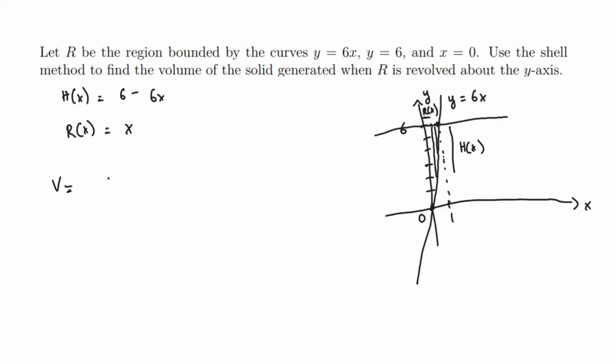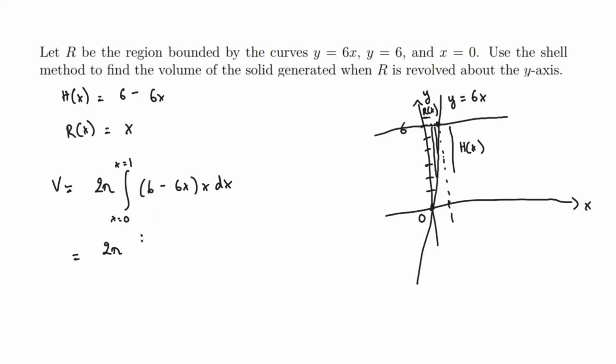So the volume is 2 pi, the integral from x equals 0 to x equals 1, h of x multiply r of x, so it's going to be 6 minus 6x, multiply x dx.